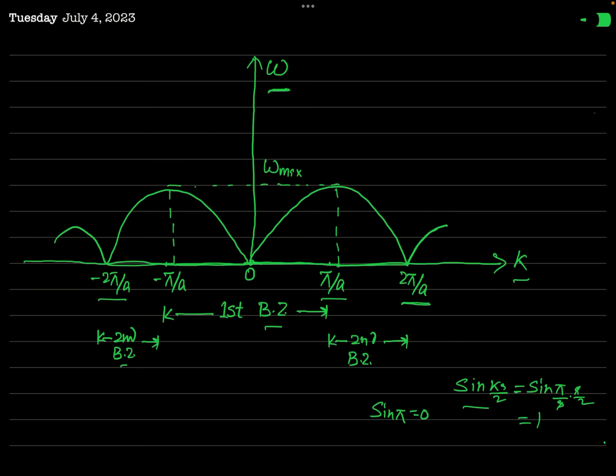Okay, these things we have seen in the first part of the lecture on the vibration of a monatomic linear lattice.